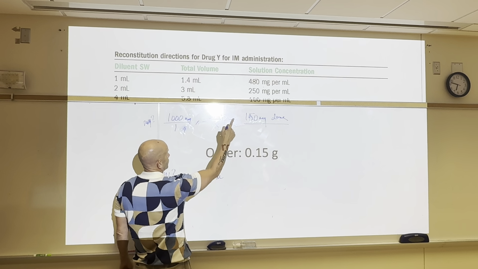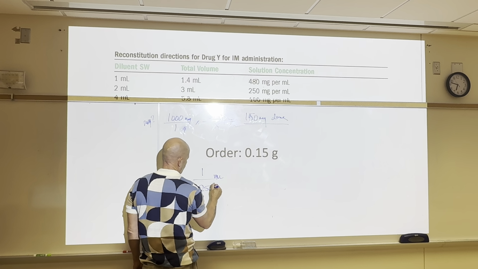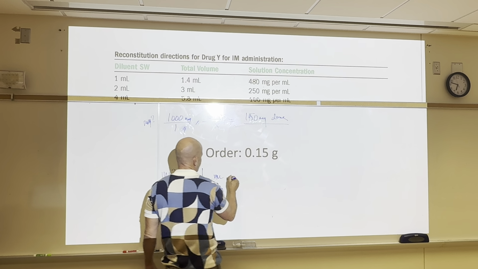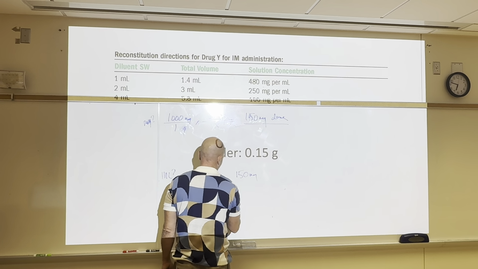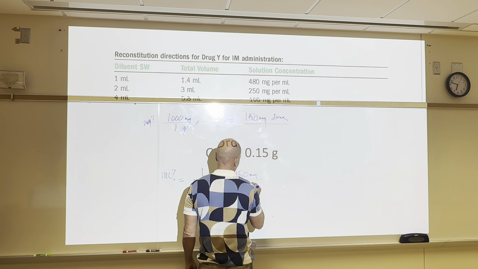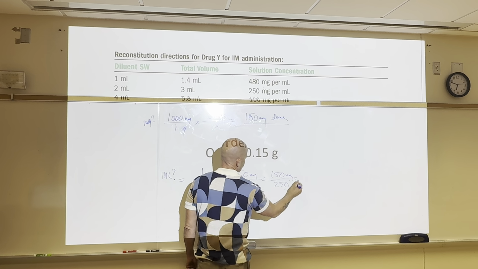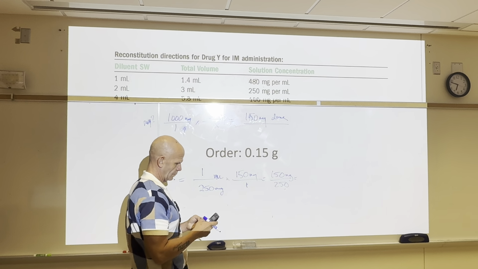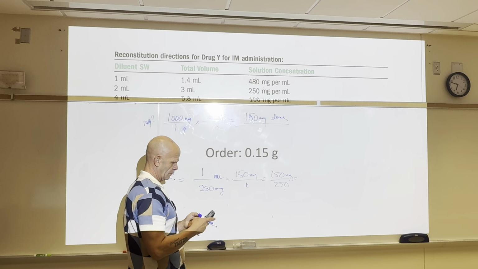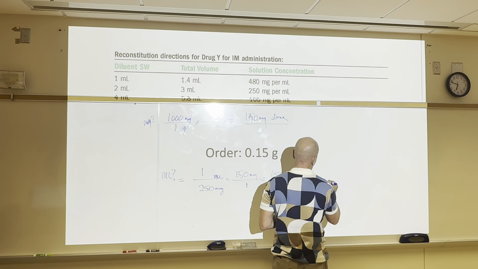So we got 1 ml over 250 milligrams, times 150 milligrams, because we have milligrams given, over X. 150 milligrams over 250 gives you 0.6 mL.